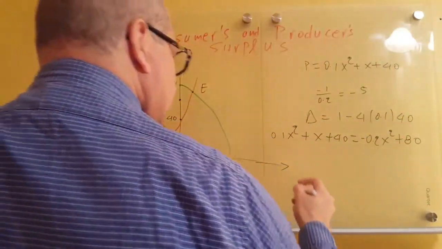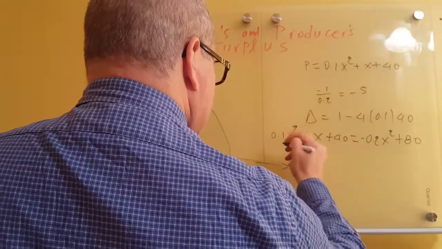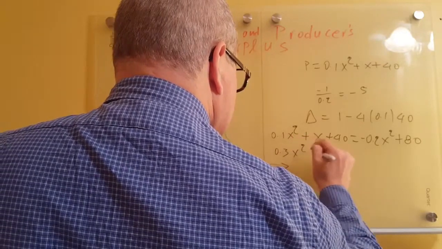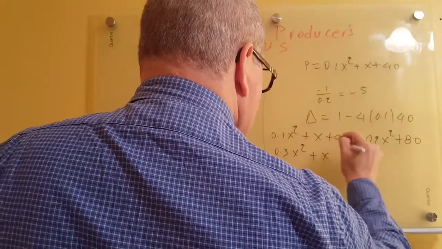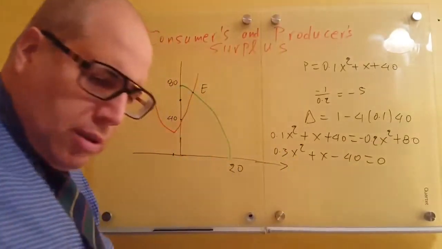If you bring everything to the left hand side, this will become 0.2 plus 0.1, so 0.3 x squared plus x plus 40 minus 80, so minus 40, is equal to 0.